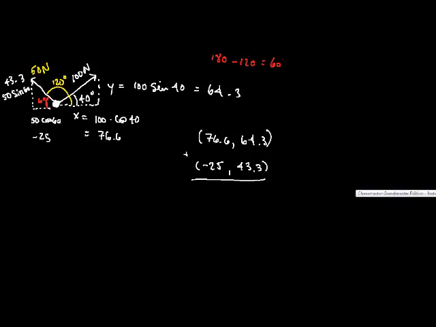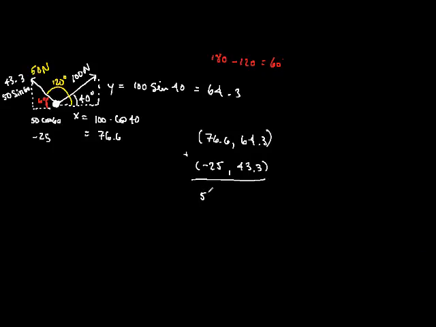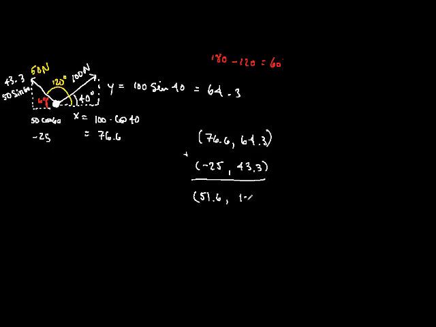So let's pull out the calculator again. 76.6 minus 25 gives me 51.6, and in the y component I have 64.3 plus 43.3, and that gives me 107.6. So these are the components of my resultant vector.